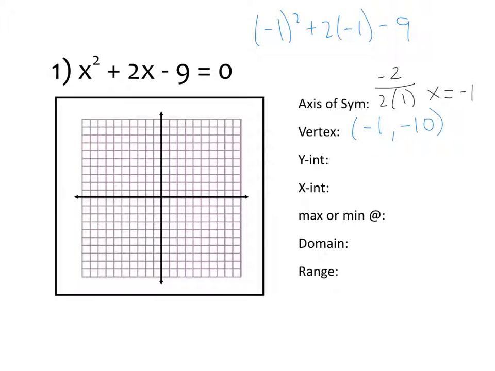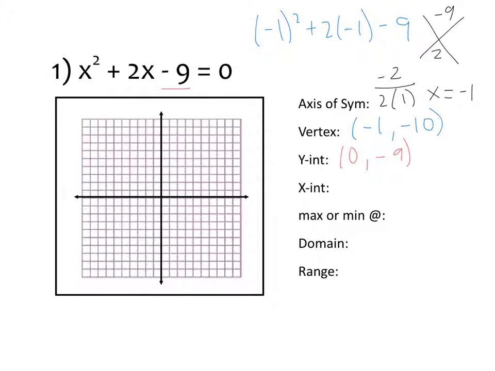My y-intercept is my c term, so here would be 0, -9. And my x-intercepts, this is what I have to actually find. I could try to use the diamond method and find factors of -9 that added together give me 2, but there are none. So I'm going to have to use my axis of symmetry, vertex, and y-intercept and approximate my x-intercepts or roots and find my solutions.